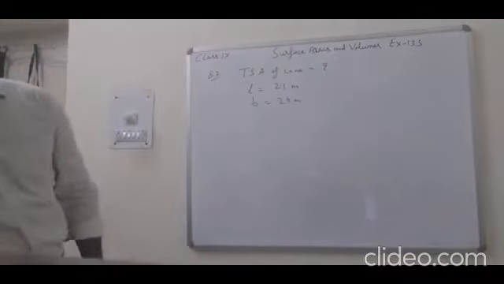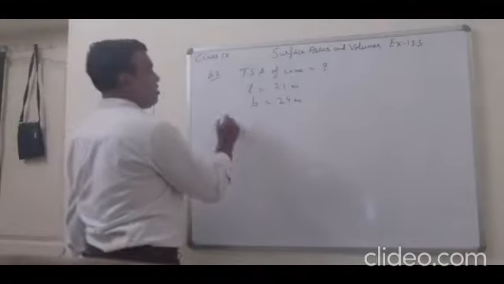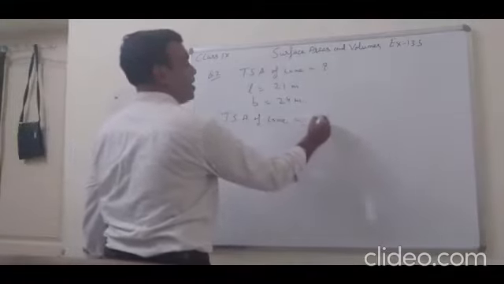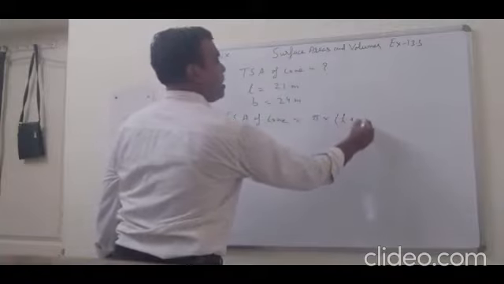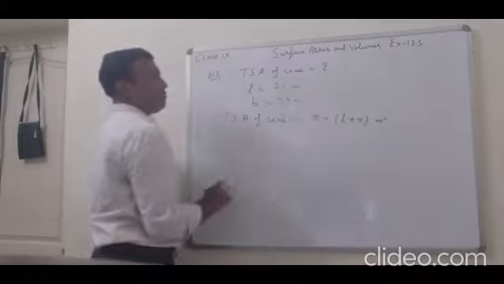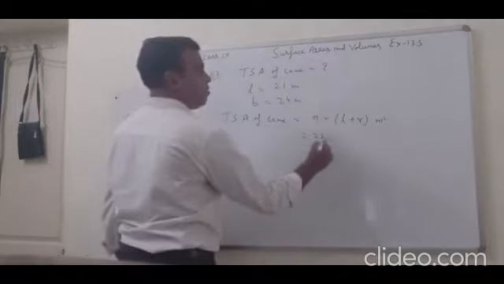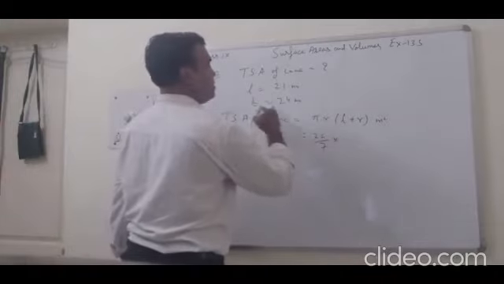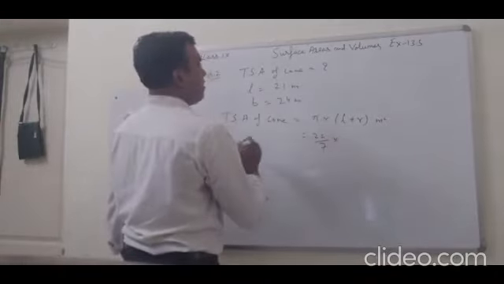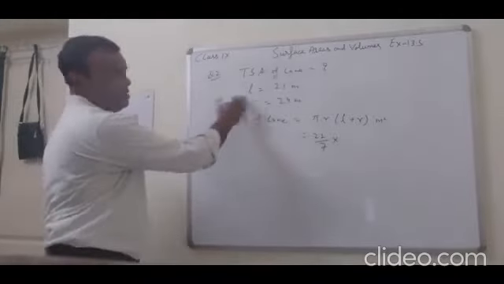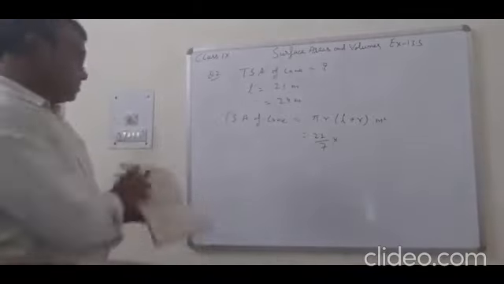Slant height is given to you. Now, TSA of cone is πr(L + r) meter square, because the unit is given in meter. Putting the values, 22/7 into r. What is r? Length is given, and what is the radius?